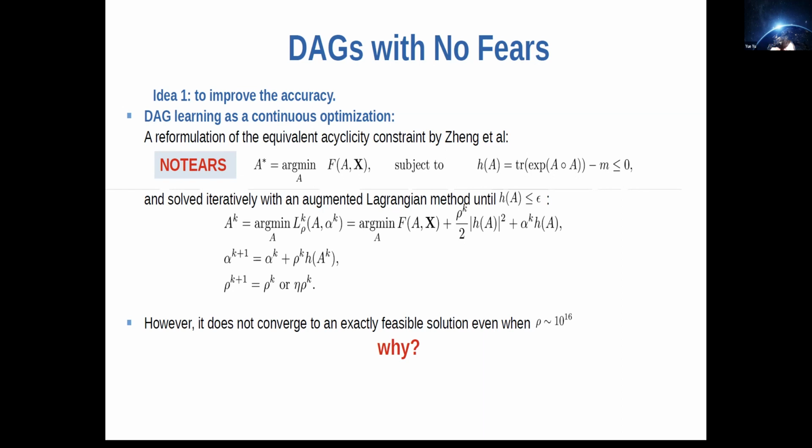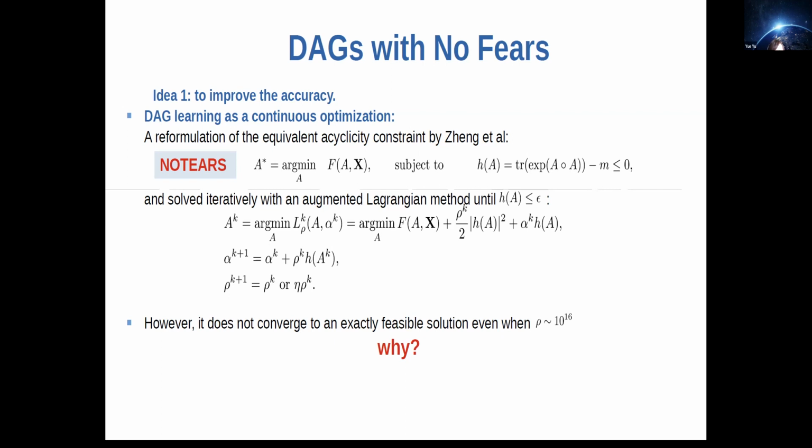That means we have to solve this unconstrained optimization problem many times, iteratively updating the Lagrangian multiplier and the penalty coefficient, until the penalty becomes extremely huge.